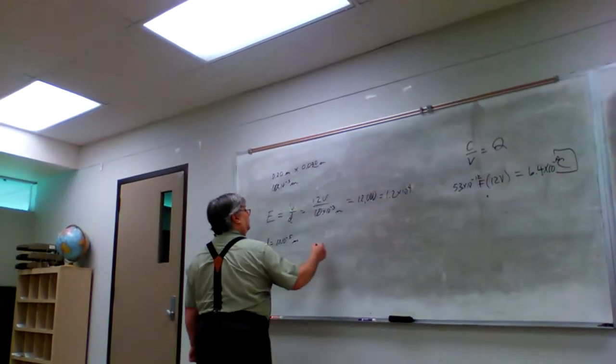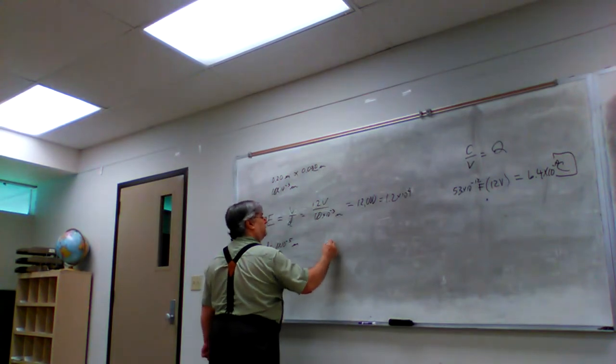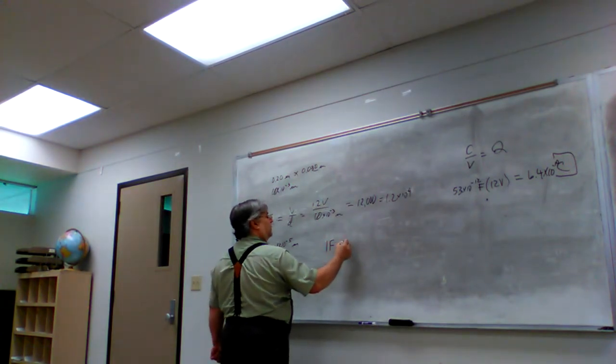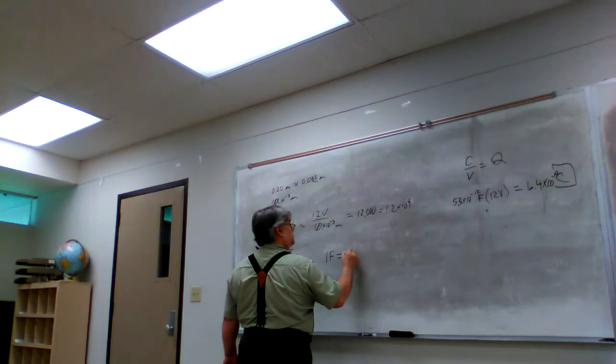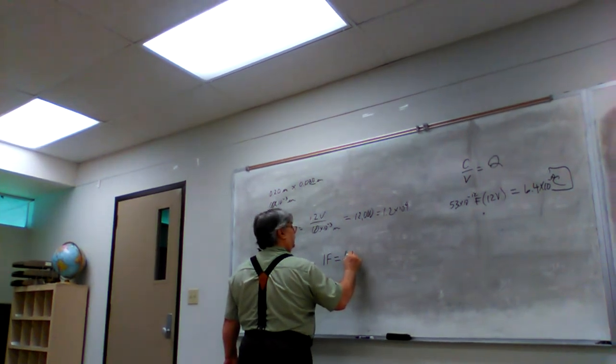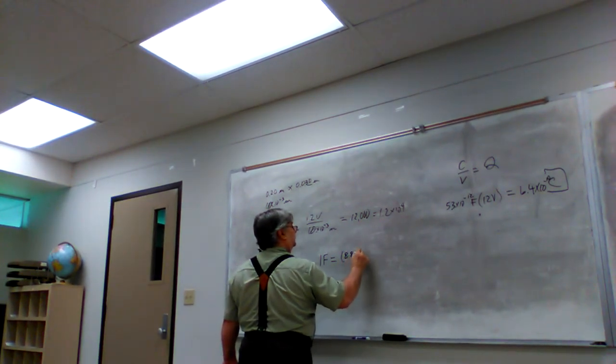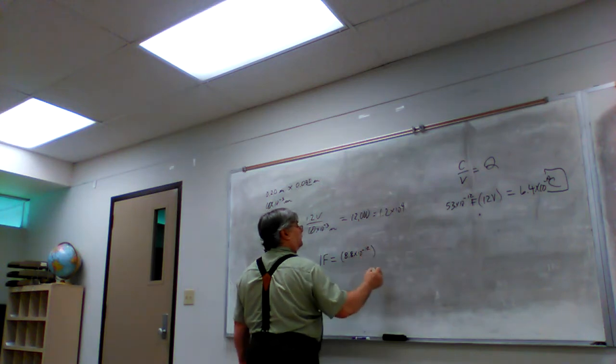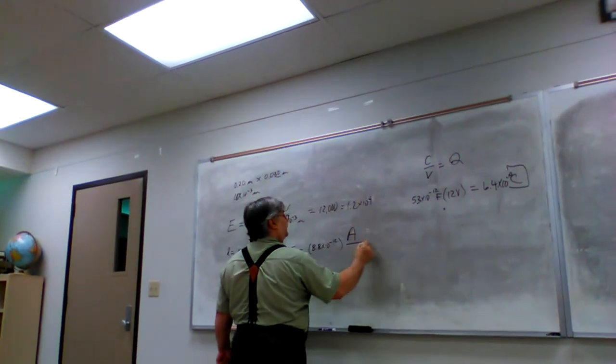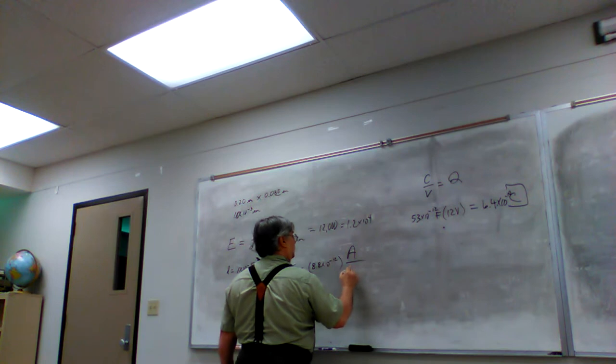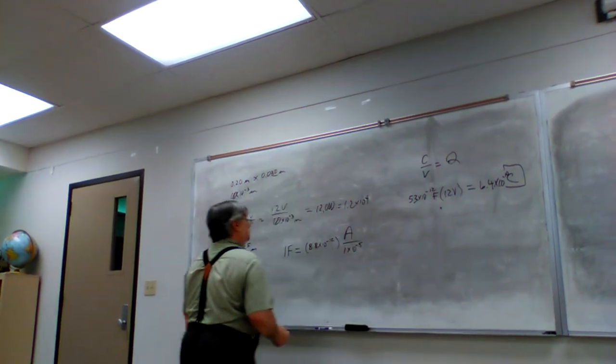All right, well, we know then we want 1 farad, and that's going to be equal to epsilon sub naught, 8.8 times 10 to the minus 12 times A divided by 1 times 10 to the minus 5 meters.